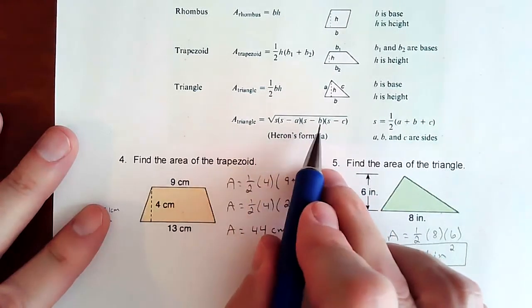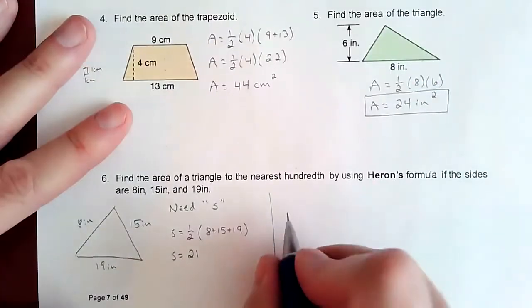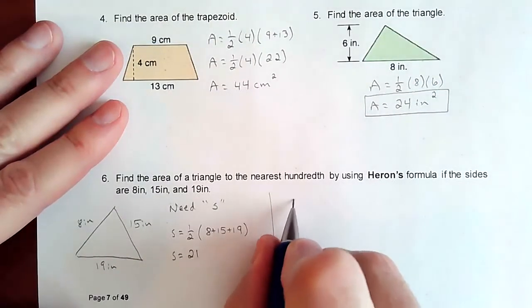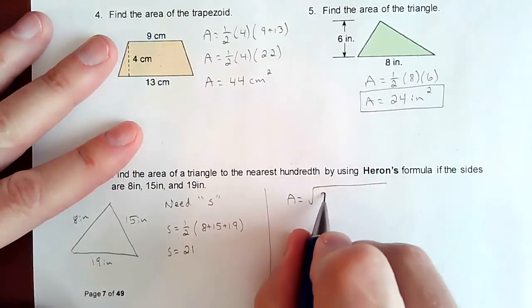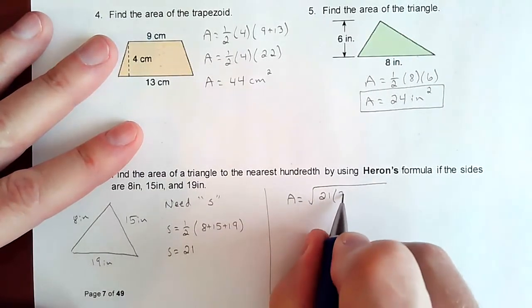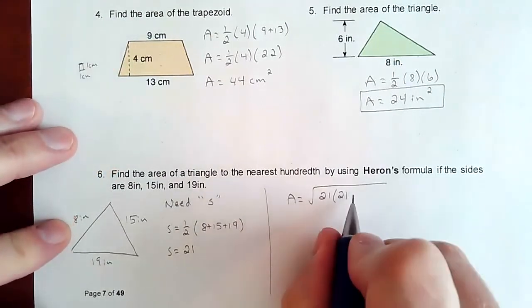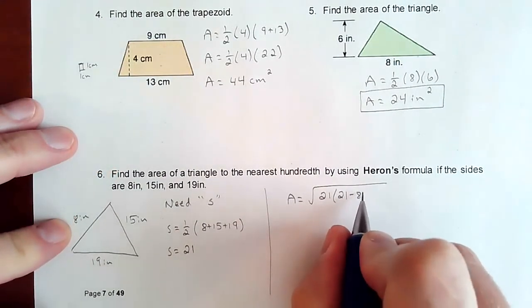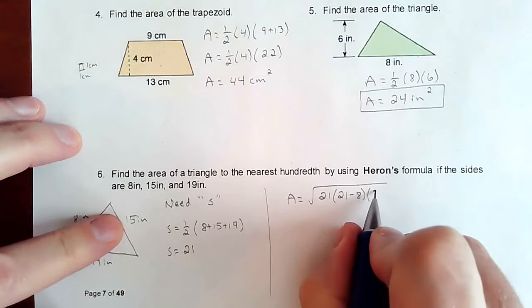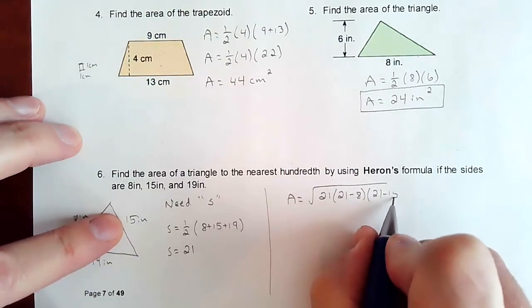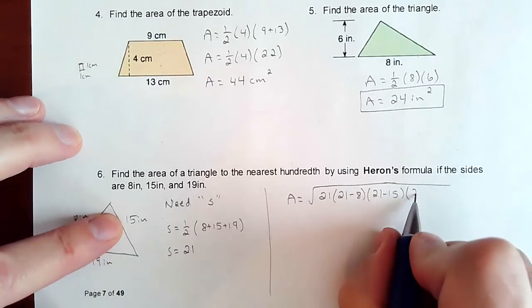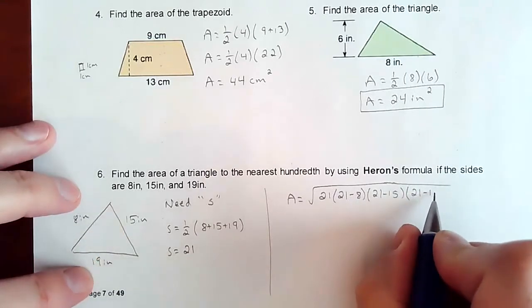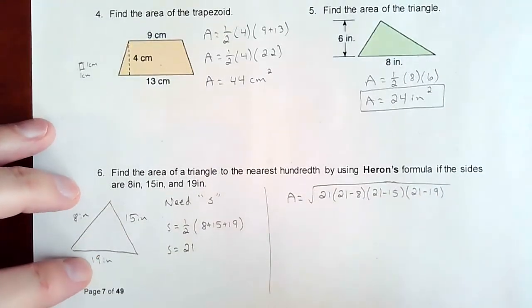Then we subtract the sides from each of them. So our area is going to be the square root of 21 times 21 minus one of the sides, times 21 minus the second side, times 21 minus the third side.